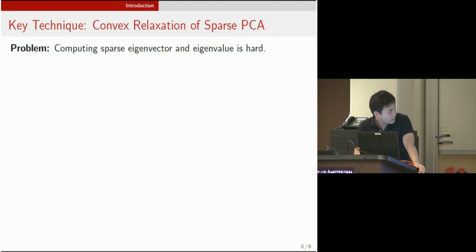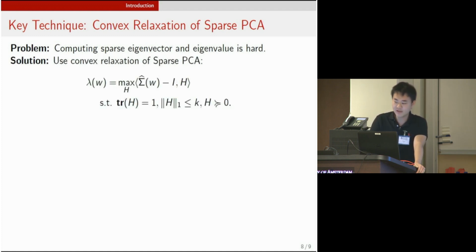Okay, so there's a problem, because computing the sparse eigenvector and eigenvalue may take exponential time. So a natural approach is to use the convex relaxation of sparse PCA. This is very standard; this is the standard convex program for sparse PCA.